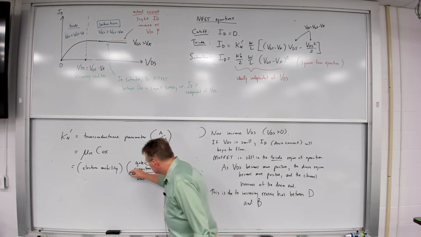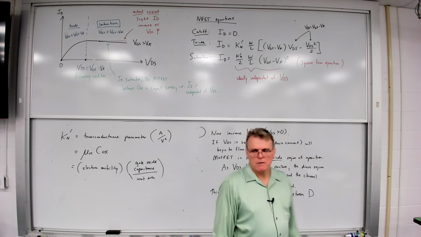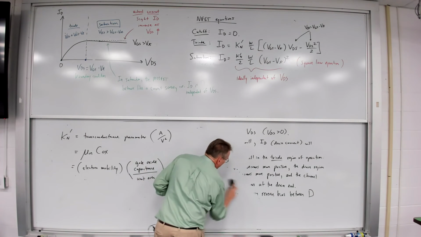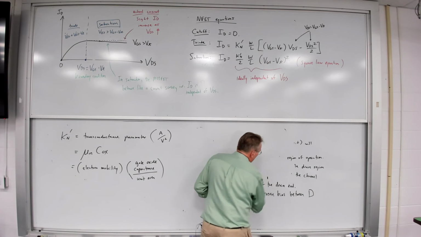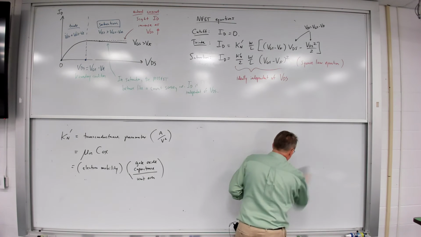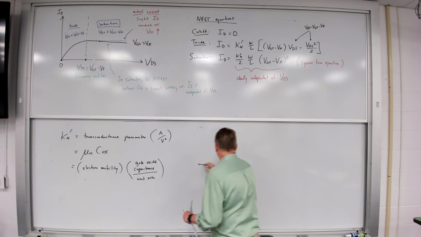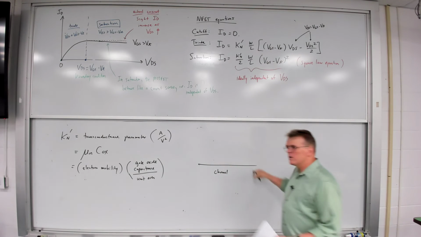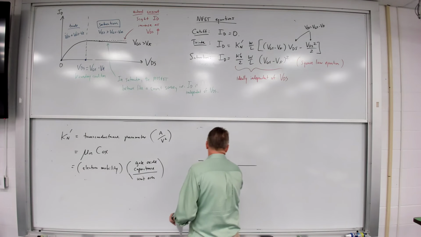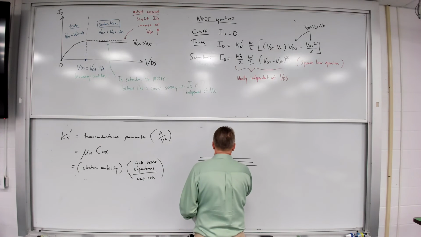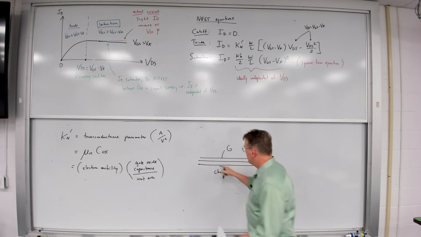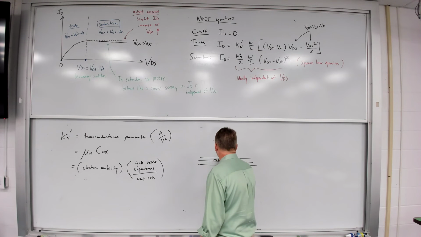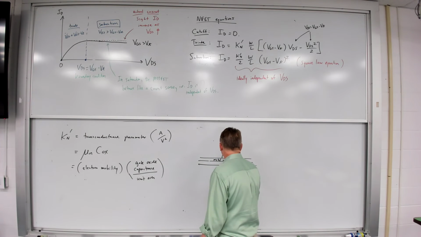And sometimes you look at that and say, capacitance, why does capacitance figure into this? Well, let's think about this for just a moment. Here's the channel. The channel is a conductive layer. We have the gate, which is made of either metal or polysilicon, which is conductive.